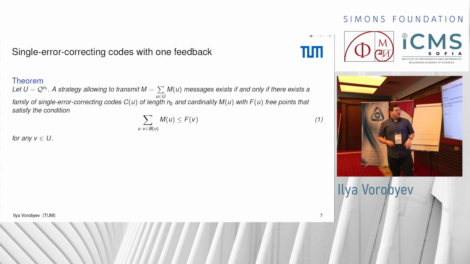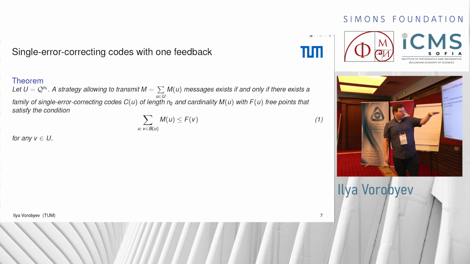We can transmit such a number of messages: the sum of m of u, where u is a sequence of length n1. So for every sequence we have some number, if we have a family of codes of length n2, cardinality m of u, and f of u is the number of free points, and we need to have this condition.